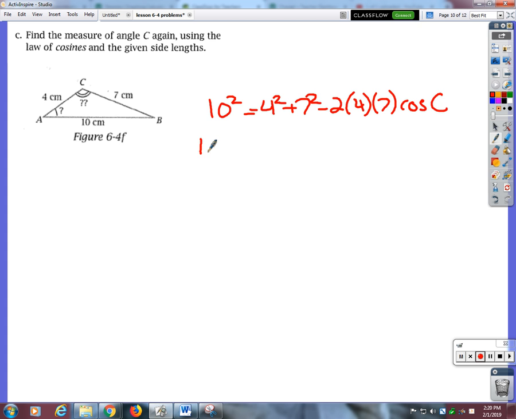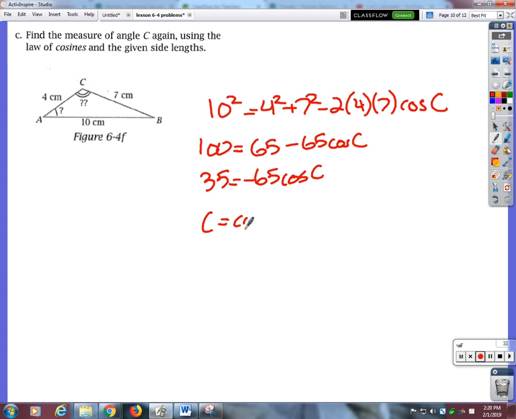Okay, so 100 equals 16 and 49 is 59.65 minus, so that means C is going to be the inverse cosine of 35 divided by negative 65, which is what?